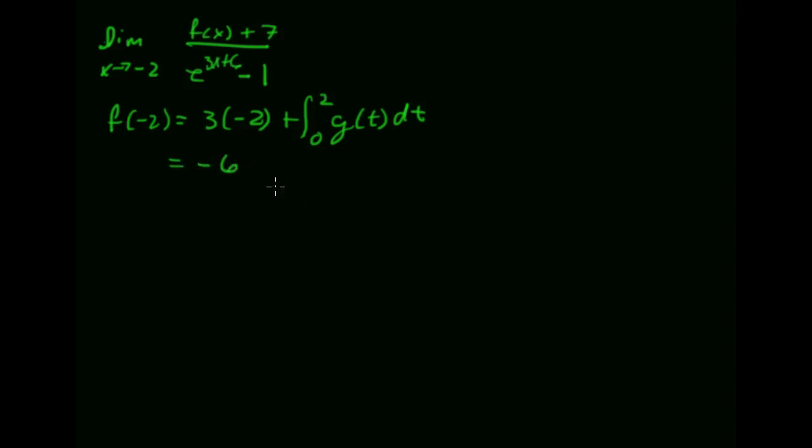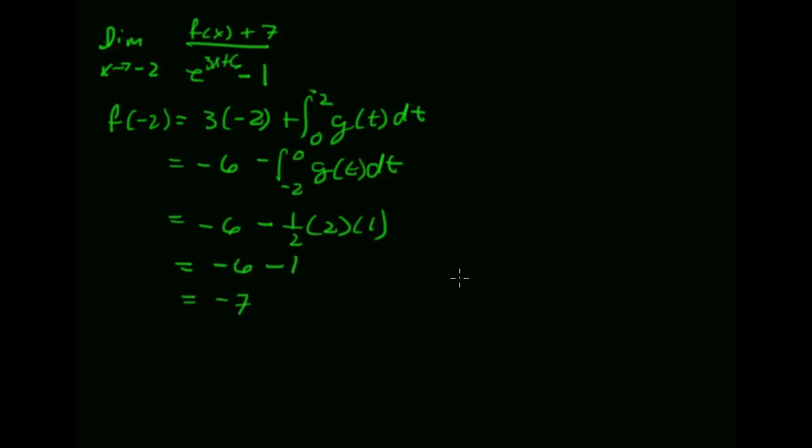That's going to be -6 minus the integral from -2 to 0 of g of t dt, which is -6, and there's a little triangle there. So that's 1/2 times 2 times 1, which is going to be -6 minus 1, which is -7.